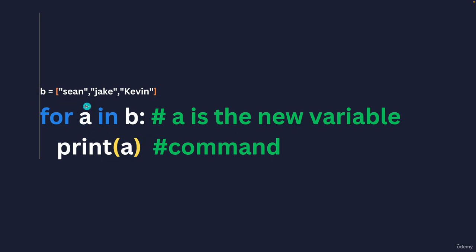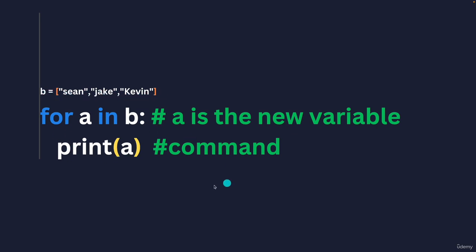Essentially we're saying define a, which is going to be a value of b, and b has three values, right? 1, 2, 3. And this code, print a, is going to run 3 times and print 3 names.